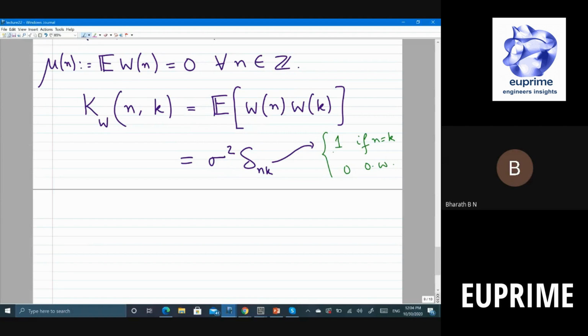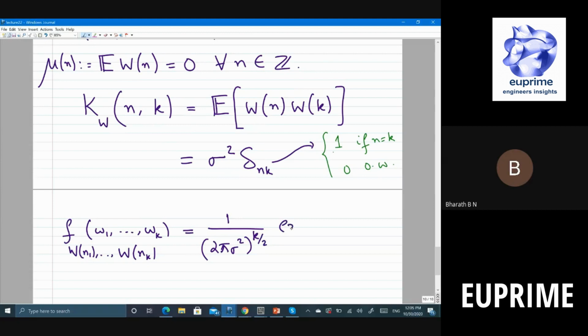So now how do you write the joint density? It's pretty easy, right? If you take the joint density of k random variables, let's say W of n1 and so on, W of nk, at w1 etc. wk, this is simply 1 by 2 pi sigma squared whole power k by 2, as there are k random variables, times exponential of minus 1 by 2 summation i equal to 1 to k of wi squared by sigma squared, since this is IID, right?